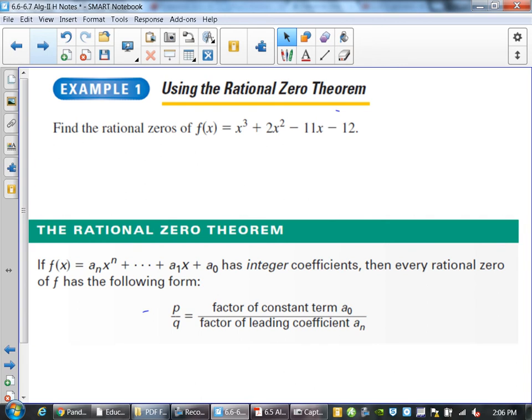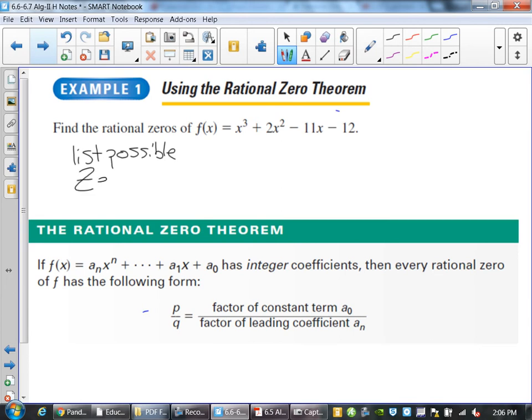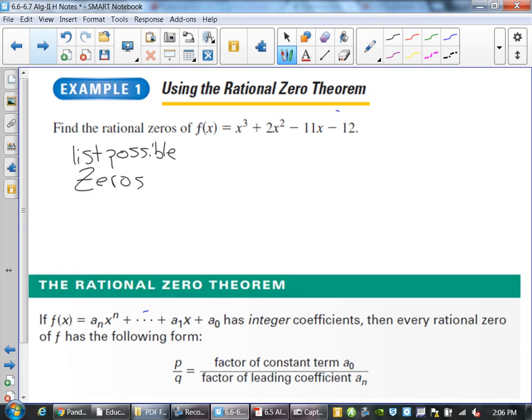Remember from last week, in order to list the possible zeros, what you do is you take plus or minus all the factors of the constant divided by the factors of the leading coefficient.